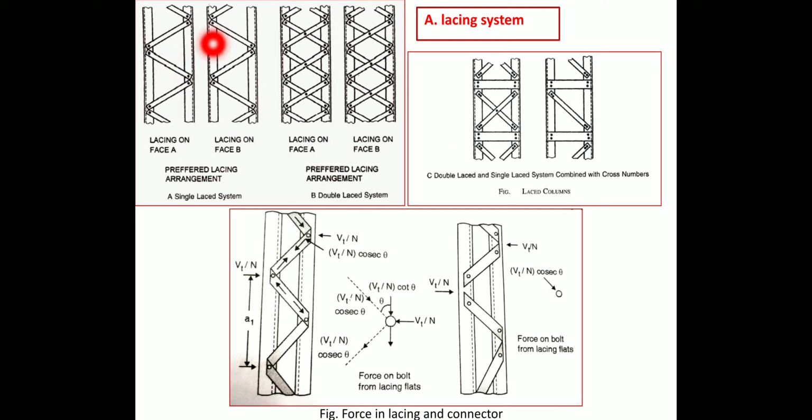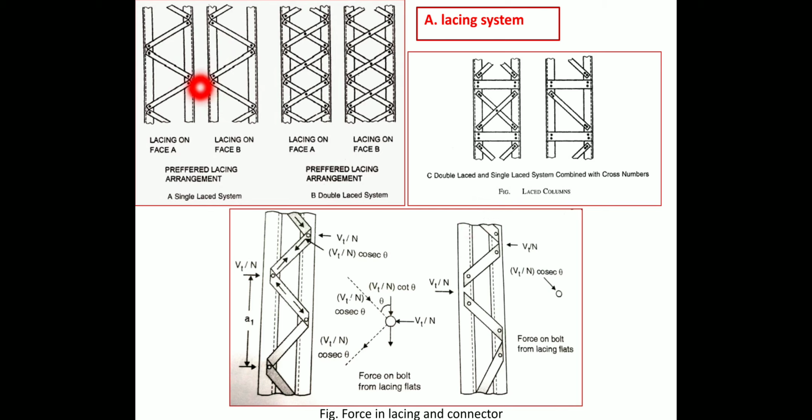Similarly we are going to provide the lacing flat system for the single lace system. In the case of the double lace system, the lacing flat bars are provided in two directions, so it is called a double lacing system.